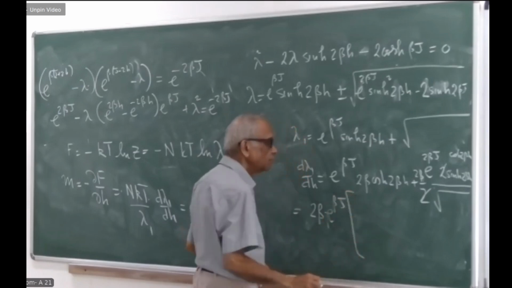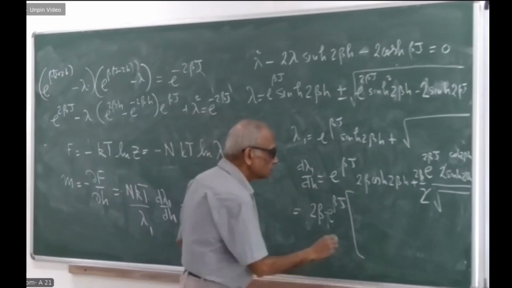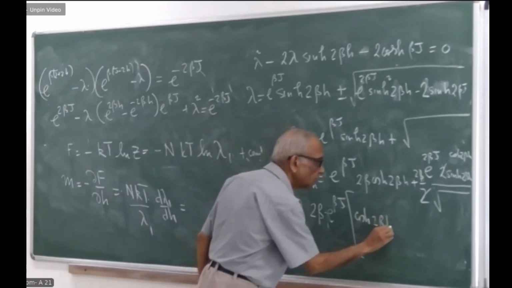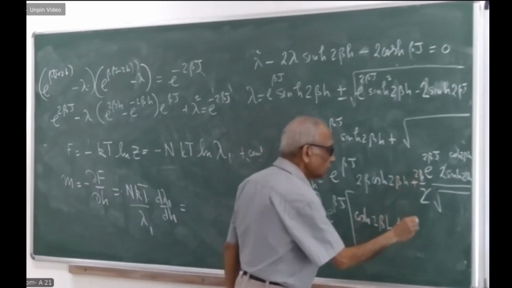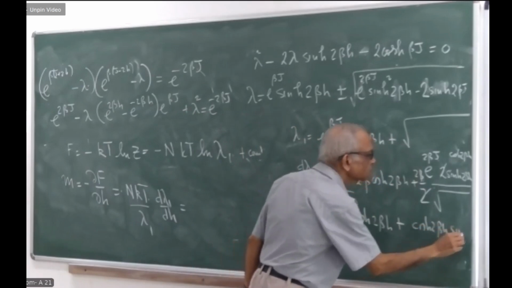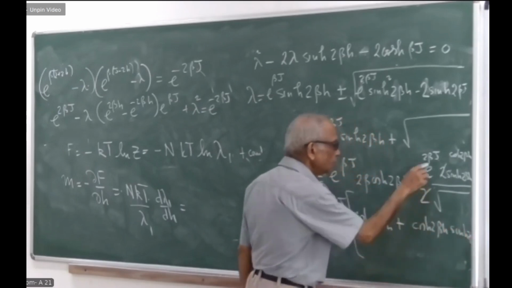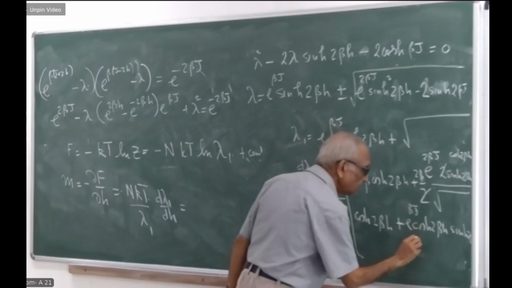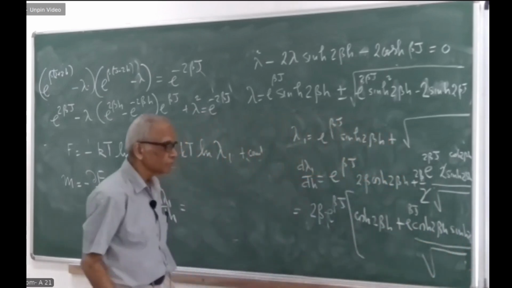We are almost there, if I don't make an error, where the algebra will be over soon. So 2 beta, this is now cosh 2 beta h plus, and now there is a cosh 2 beta h, there is a sinh 2 beta h, e to the power beta J, and then there is this square root over here, right?